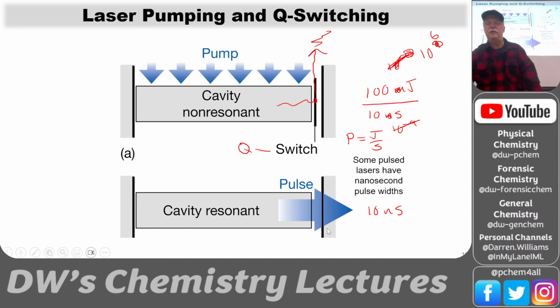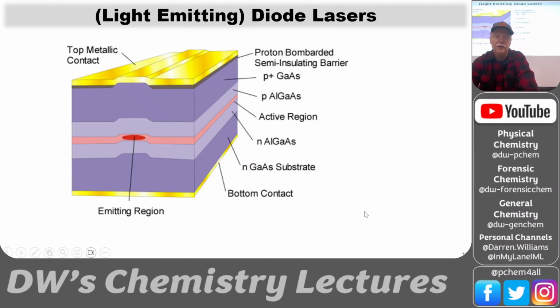So we get really sensitive spectroscopy signals. Solid state lasers use a light emitting diode, where you have P junctions and N junctions and an active region in the middle.